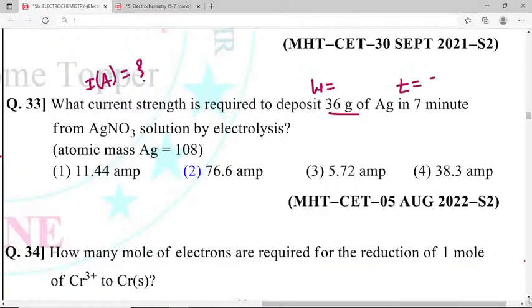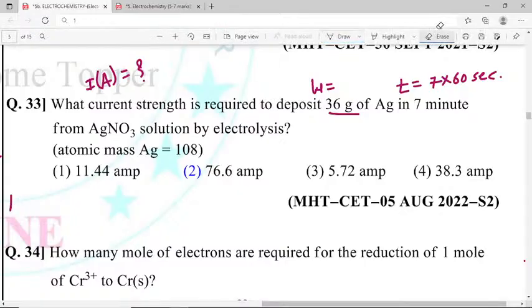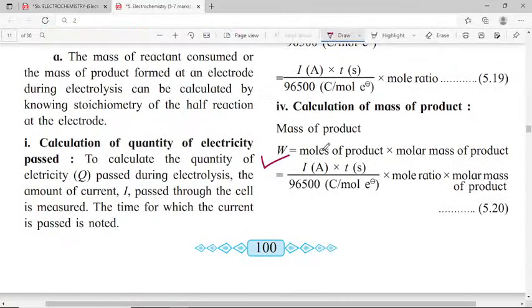Time is given, 7 multiplied by 60 seconds. And this is the atomic mass, the molar mass. So what is the formula? W is equal to the weight of the substance deposited or liberated. This is the formula actually. W is equal to current in ampere into time in second, divided by 96500, mole ratio, molar mass.